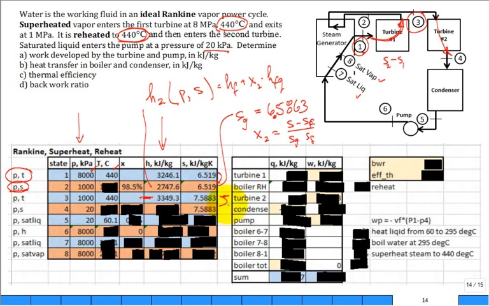And then they say, I've done this before. Let's compare this S with S of G, not at 1 megapascal, but S of G at 20 kilopascal, to see if I got into the two-phase region or if I'm still slightly superheated at state 4. And when you make that comparison, what do we find?